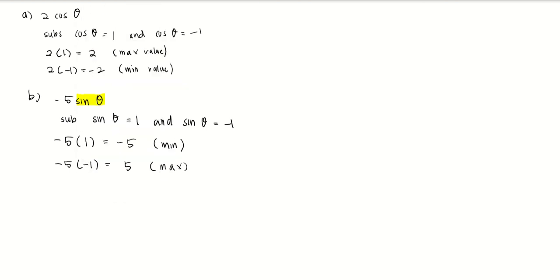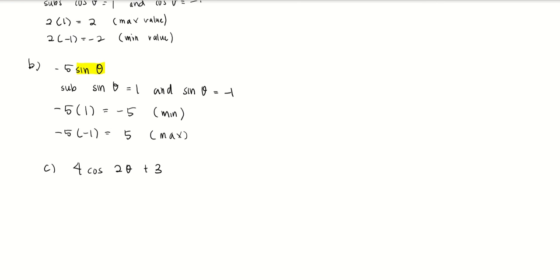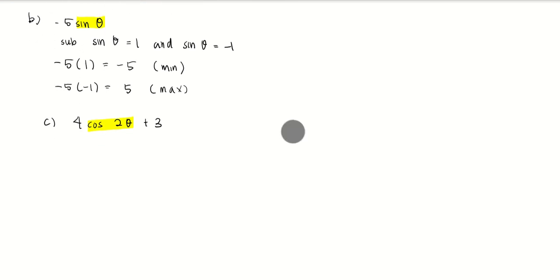Alright, C is 4 cos 2 theta plus 3. Alright, so yang ini, for this one we substitute cos 2 theta. Okay, angle ni tak kisah 2 theta, 3 theta, tak kisah, asalkan depan dia cos ataupun sin.